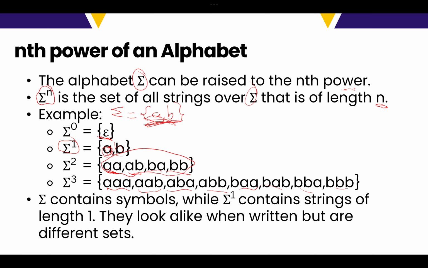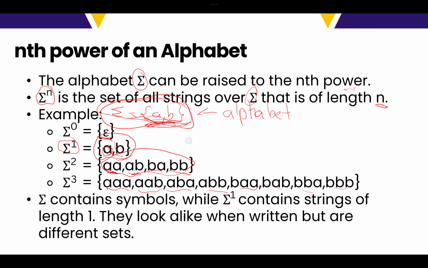Okay, so our sigma contains symbols. While sigma to the power of 1 contains strings of length 1. So, kani siya, pareha siya porma, no? Kana siyang A, B, niya sigma, dire A, B. But this one, mao ni alphabet. So, mga symbols ang sud sa alphabet. Mga symbols ang sud ana nga set.